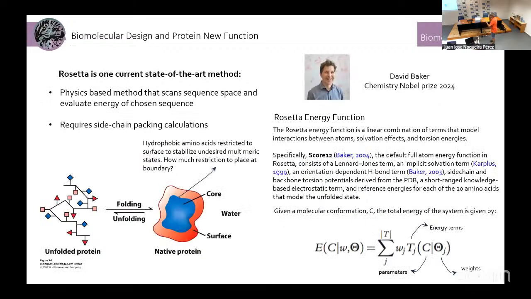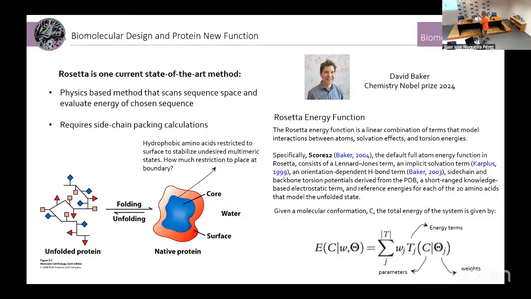And very briefly, I just want to introduce why one of these fundamental, let's say, pioneering works by David Baker was very useful at that moment. The Rosetta-based methodologies, which are physics-based, provide the Rosetta energy function that is trained, and you have the slide so you can check it later, based on this formula here, and is specifically trained to reproduce these native protein structures.